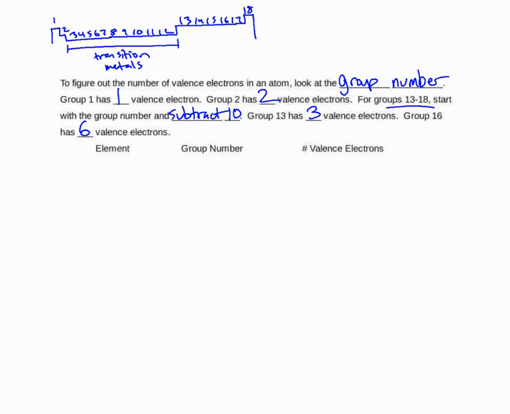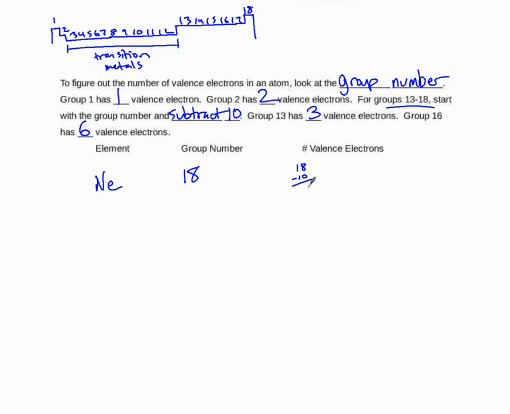So we'll go through some examples here. The first one that I will look at is the element neon. Neon is a noble gas, which means it belongs to group 18. And because it belongs to group 18, we can figure out the valence electrons.